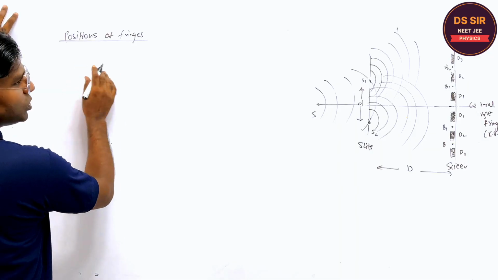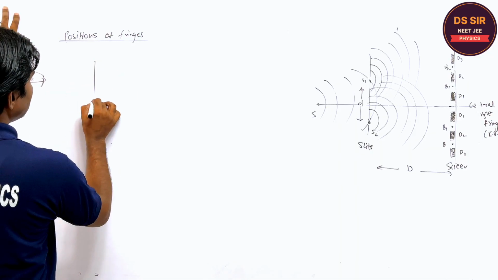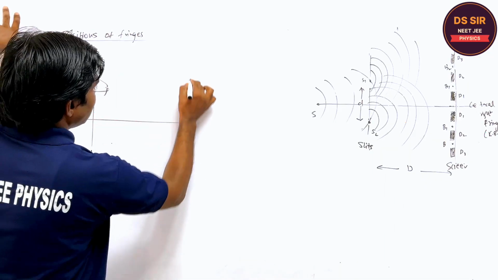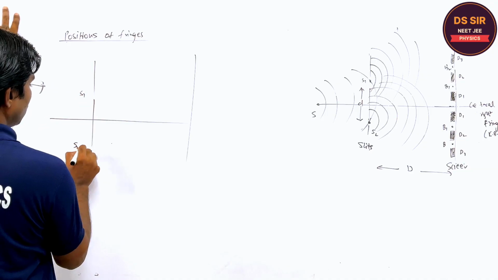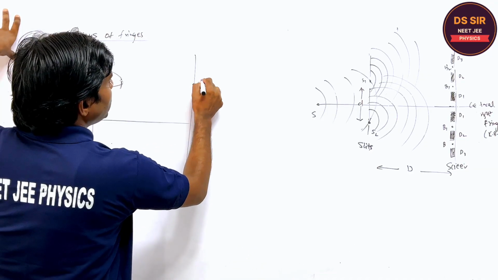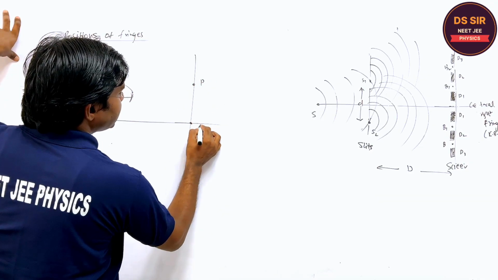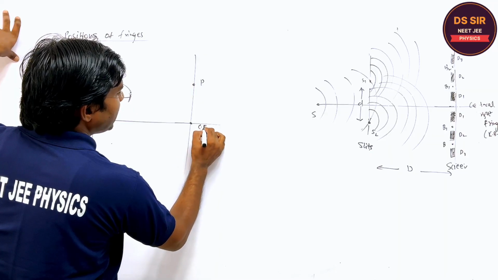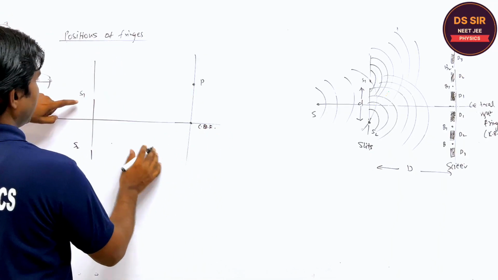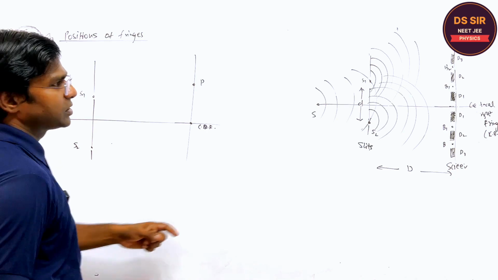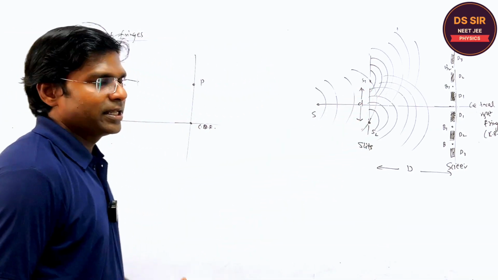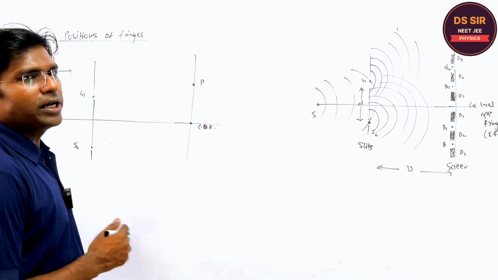To find the position of fringes, suppose these are S1 and S2. This is the point P from the central bright fringe. These two slits act as coherent sources.